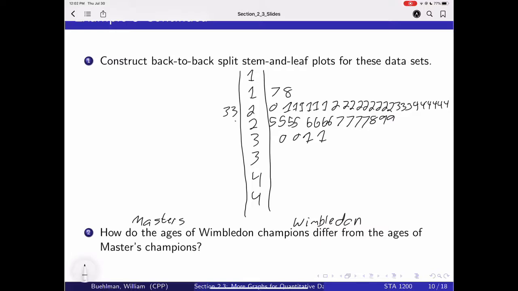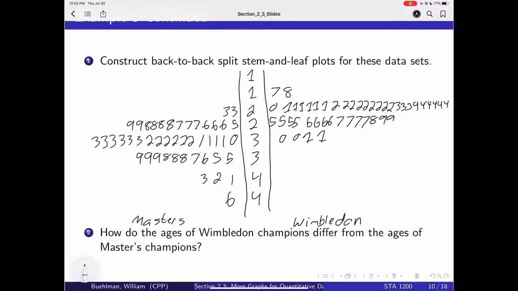We had a 25-year-old, 3 26-year-olds, 3 27-year-olds, 4 28-year-olds, and 2 29-year-olds. And then now I will fill in the rest the same way, where you see on the left-hand side that the smallest number is closest to the stem and works outward.